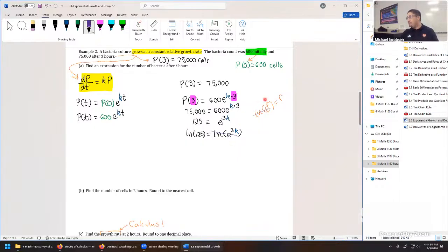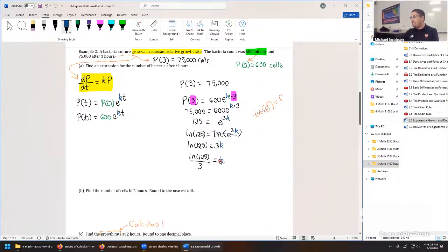Much like on the formula we cited on the right, the exponent r is playing the role of 3 times k. So natural log of 125 equals 3 times k. A lot of algebra just to get to this step, but we're finally here. We divide both sides by 3, we get natural log of 125 divided by 3 equals k.